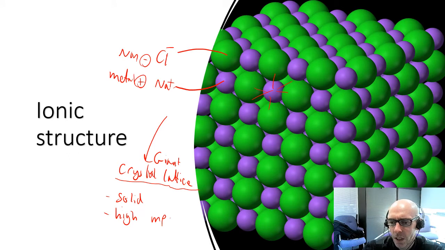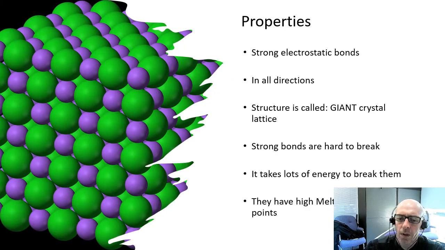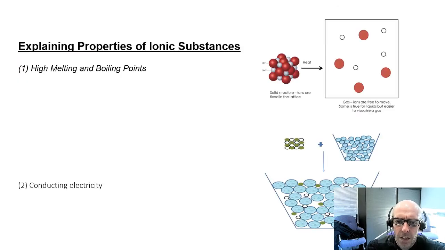And then we actually went on and made sure that we understood and had all those in a sequence. So those strong electrostatic bonds in all directions, a giant crystal lattice, strong bonds that take lots of energy to break them, and therefore high melting points. And after that, there was a couple of properties. So being able to explain the high melting and boiling points because of those strong electrostatic attractions.